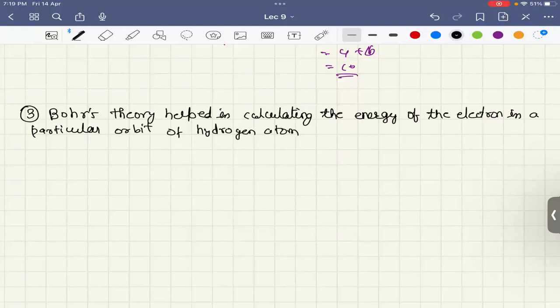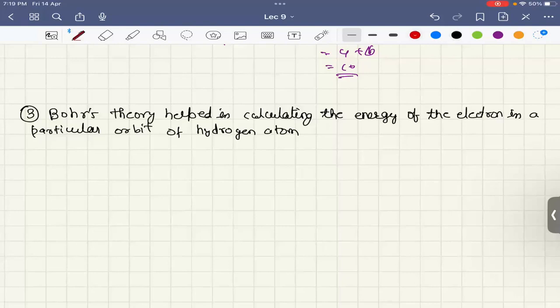On the basis of his postulates, Bohr derived a mathematical expression for the energy of an electron moving in a particular orbit of the hydrogen atom, right? In this case, he pictured the hydrogen atom as a system consisting of a single electron of mass m and negative charge e revolving in a circular orbit, right?